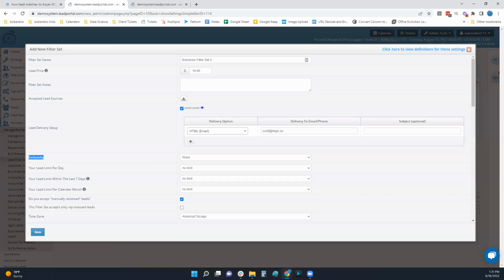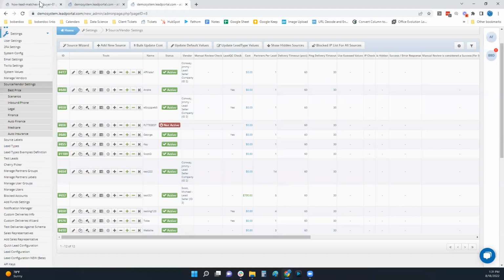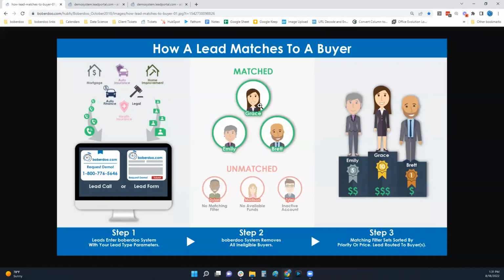So bringing this back to a case where the best revenue scenario is an exclusive partner. The post comes in. Grace is the exclusive lead buyer. We attempt to post the lead to Grace, so we move on to step 3.